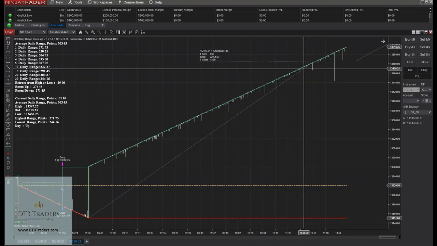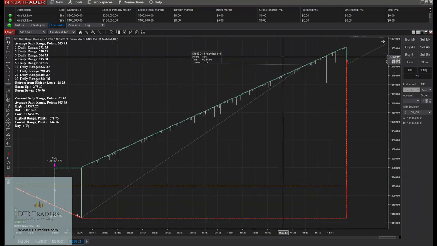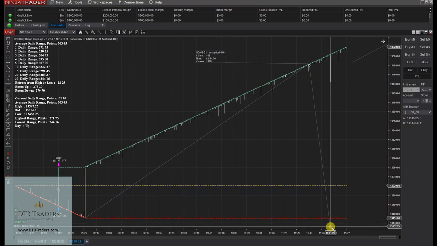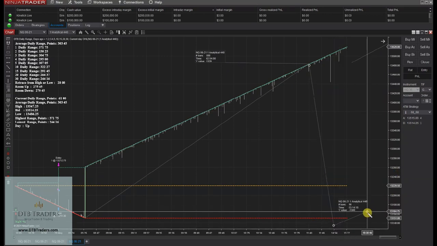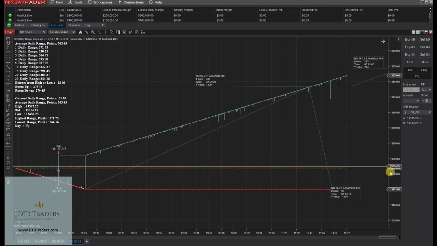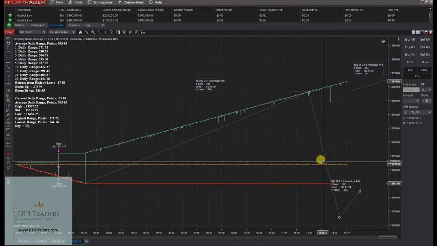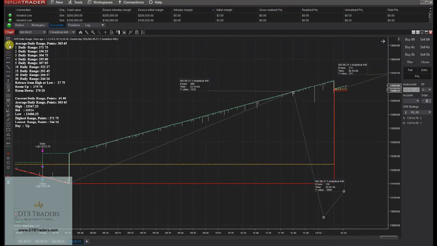Well, that wasn't the high, but the price has risen up. But to fulfill that daily range, they would have to bring the price below the low of the day, way below the low of the day. So the most likely thing that they'll be doing is they'll just be pushing the price up further.